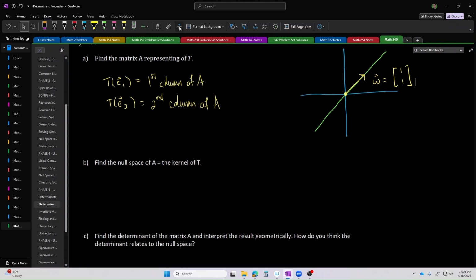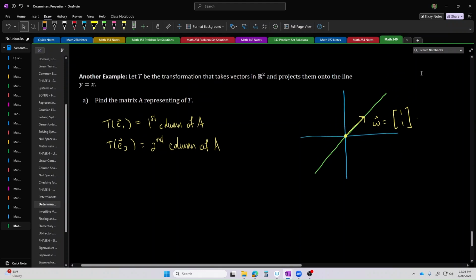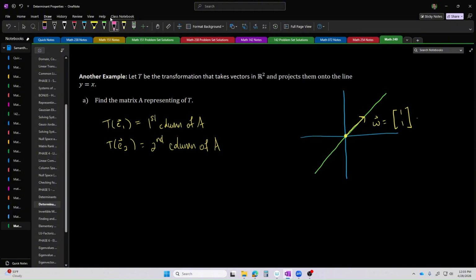So if I take the first standard basis vector and I project it onto this w that represents this diagonal line, the projection of the first standard basis vector onto w would be found by taking the dot product of that standard basis vector with w, taking the dot product of w with itself, and then using that to scale the vector w.